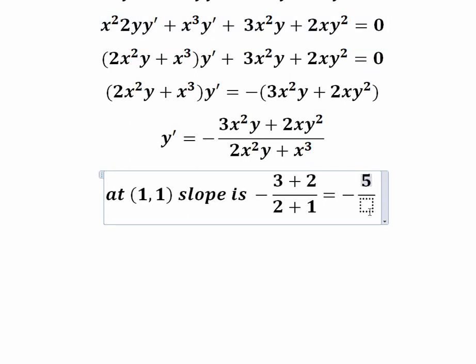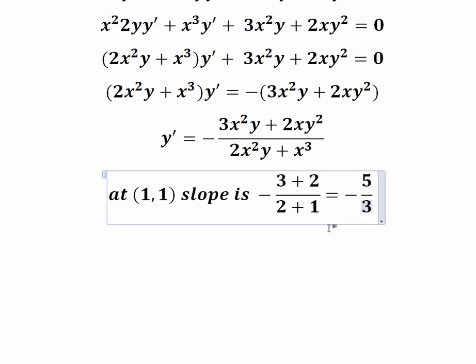And so the equation of the tangent line, I will just write in point-slope form.